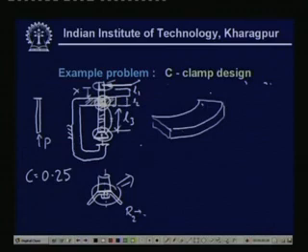This is a part of the thread, and it is subjected to the pressure P and the frictional force over here.